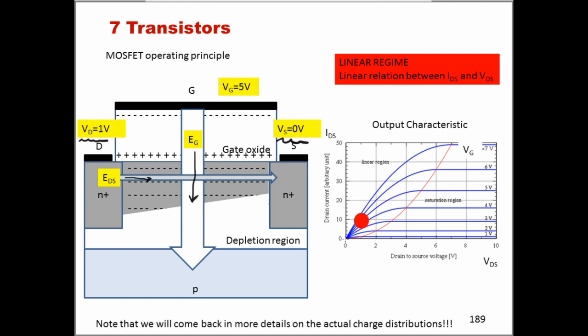And so we should be moving along effectively a straight line for a little bit. So that's why we are here. So VDS is 1 volt, and we get a certain current, whatever that number is. But the most important thing is that if VD is relatively small, we are moving along a straight line. So this regime is called the linear regime for this reason. So the transistor is effectively behaving as a pure resistor.